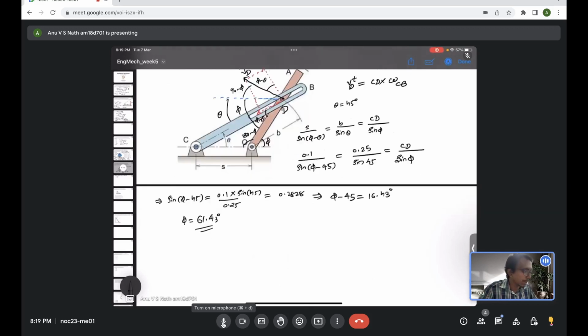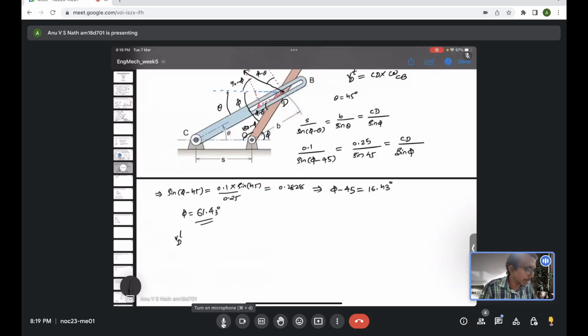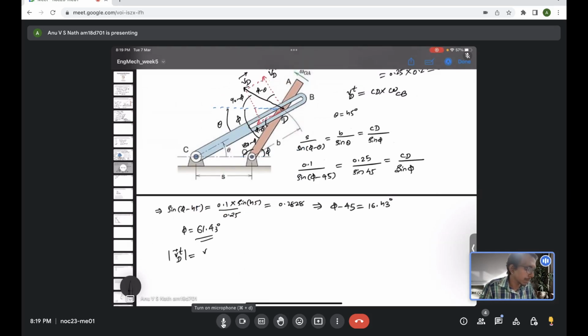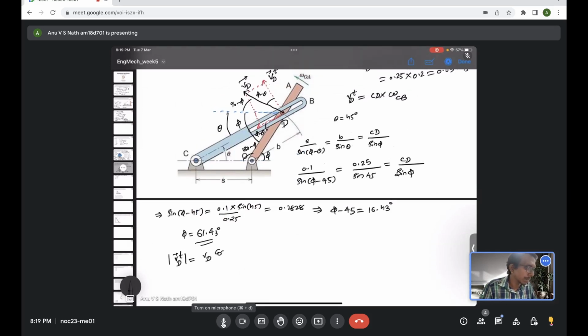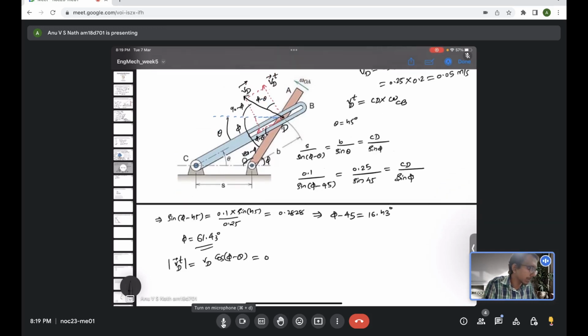moment, because we have to evaluate, if you see the figure, the tangential component of the vector VD t. So VD t, the magnitude is whatever value of VD times cosine of phi minus theta. It's projection along that particular direction. So VD we already evaluated, which is 0.05 meter per second. So it's 0.05 times cosine of phi minus theta, that is phi minus 45, which we already have here, which is 16.43, right?